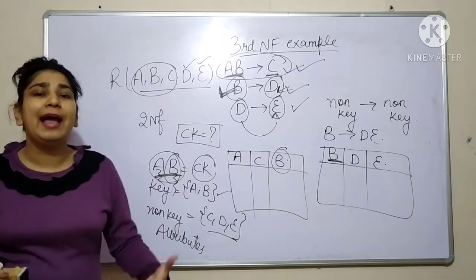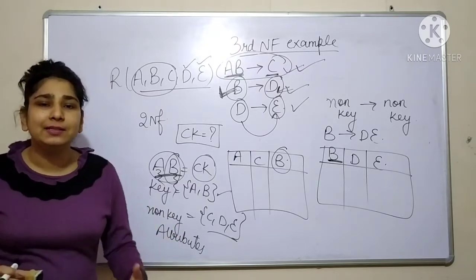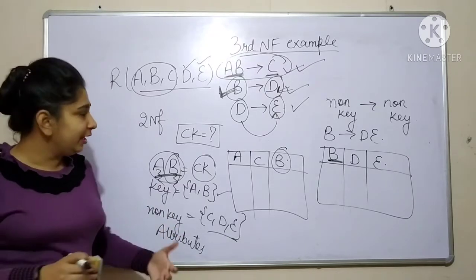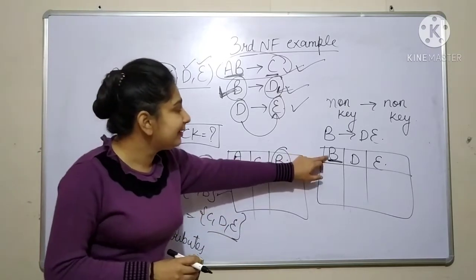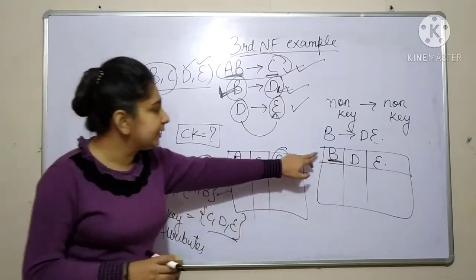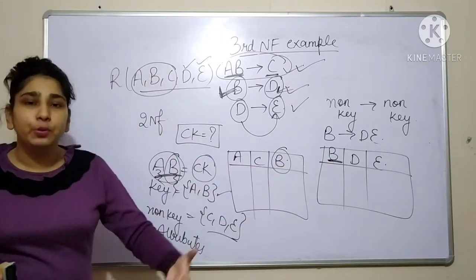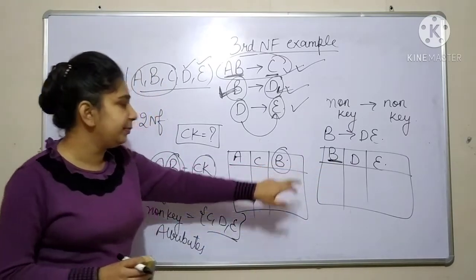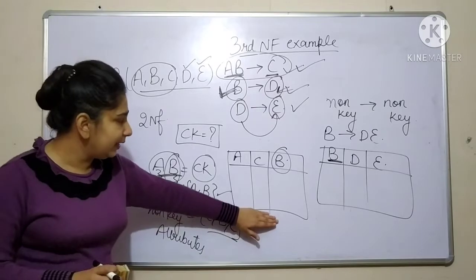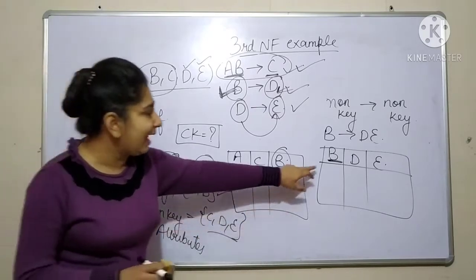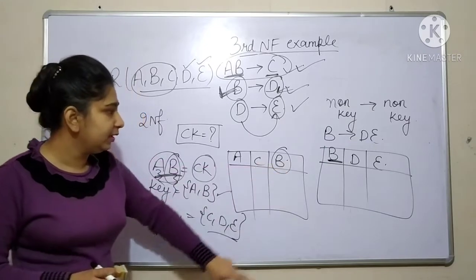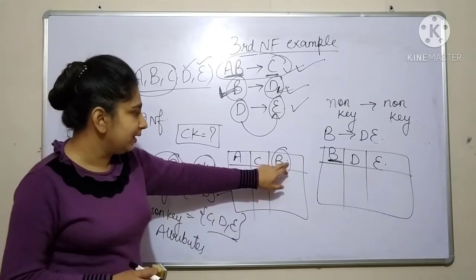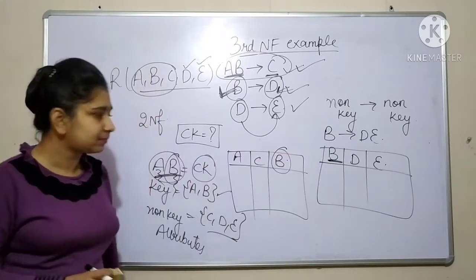If we want to make a lossless decomposition, then the candidate key of one relation is used as the common attribute in the other relation. The candidate key of this relation would be used as a foreign key for this relation.